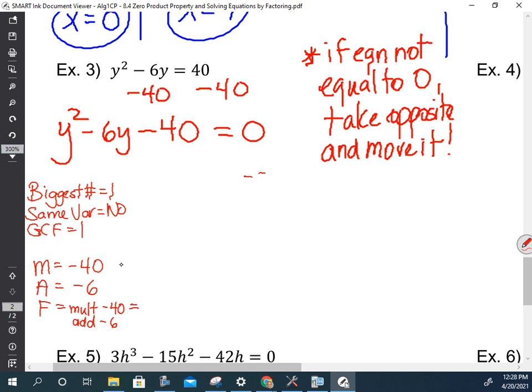We have a guess of negative 5 and 8. Negative 5 times 8 will give you negative 40, but negative 5 plus 8 is 3.